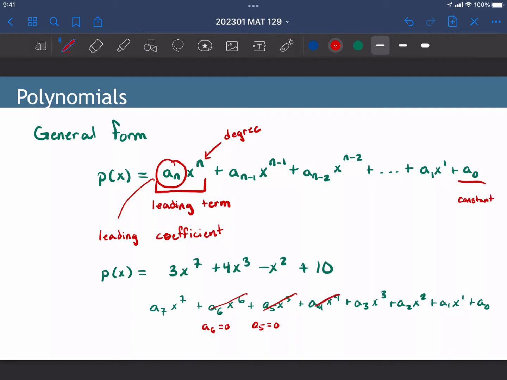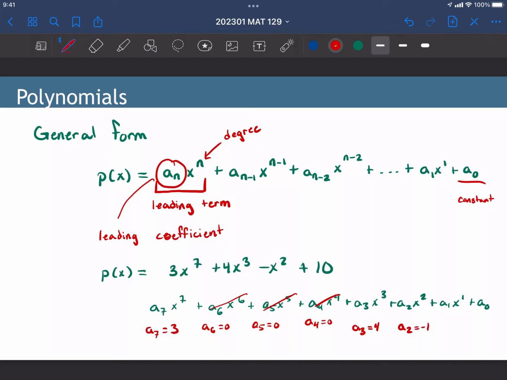A sub 4 term, not there either. So that means that coefficient was 0. A sub 3, though, we do have that. And that is 4, and then a sub 7, of course, is 3. I don't know why I skipped that, but anyhow. A sub 2, yeah, I do have that. So a sub 2 is negative 1.